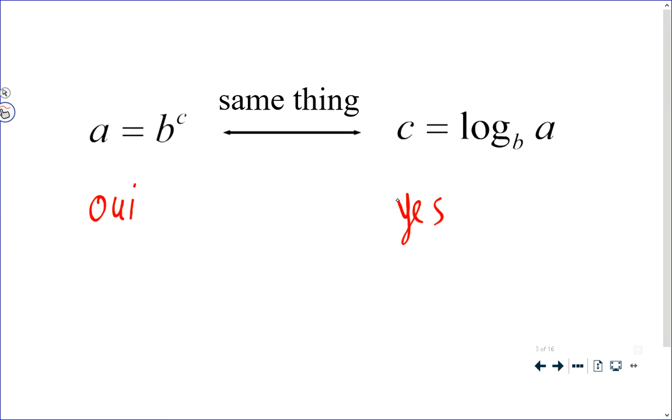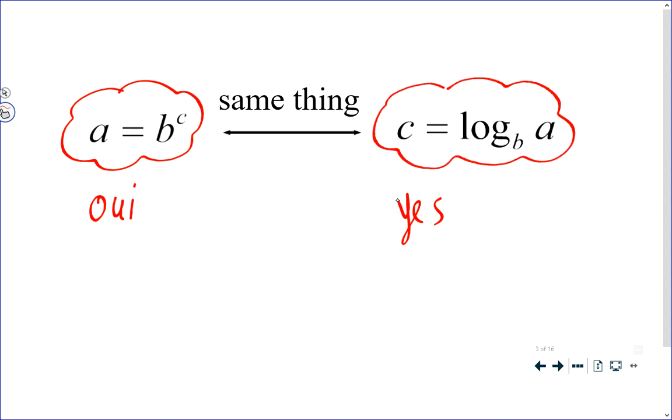If you are thinking in English and I say oui, you understand what it means. You're able to convert those back and forth. So we have to start with being able to convert this expression, which is an exponential expression, to this expression, which is a logarithmic expression. They mean the exact same thing.